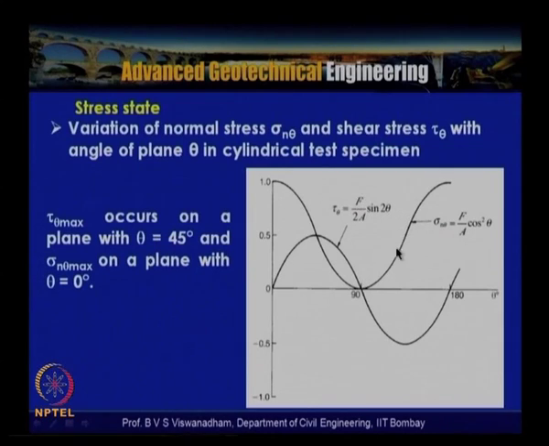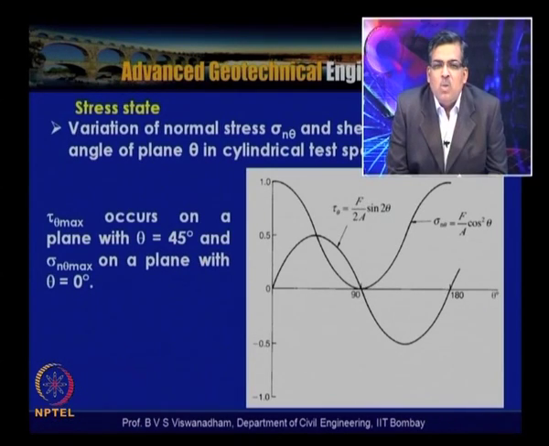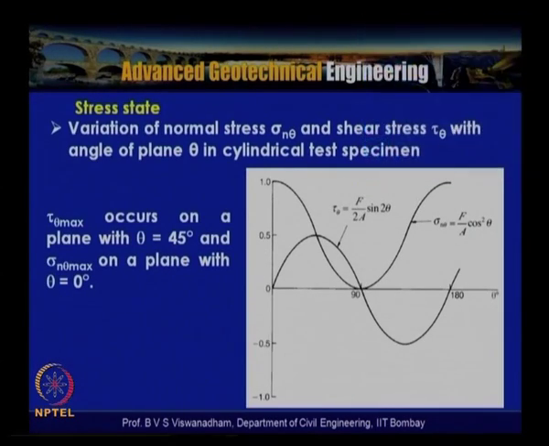This is obtained from the equation sigma n theta is equal to F by A cos square theta, and the shear stress is obtained from tau theta is equal to F by 2A sin 2 theta, wherein tau theta is maximum when theta is equal to 45 degrees. You can see that at 45 degrees it is F by 2A, whereas this is F by A. So tau theta is maximum on a plane with theta equal to 45 degrees, and sigma n theta is maximum on a plane with theta equal to 0 degrees.